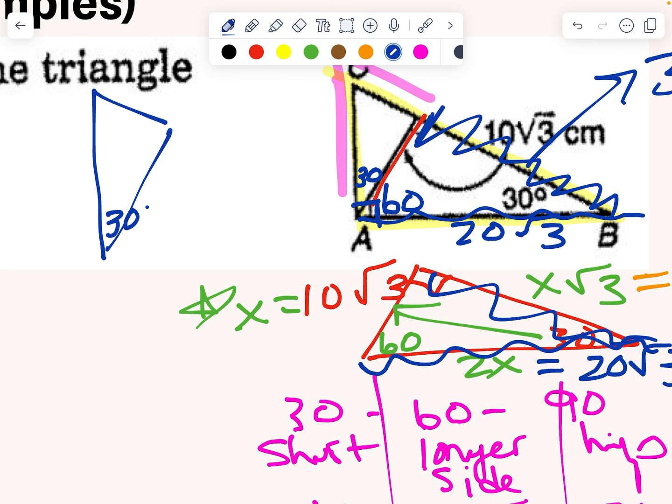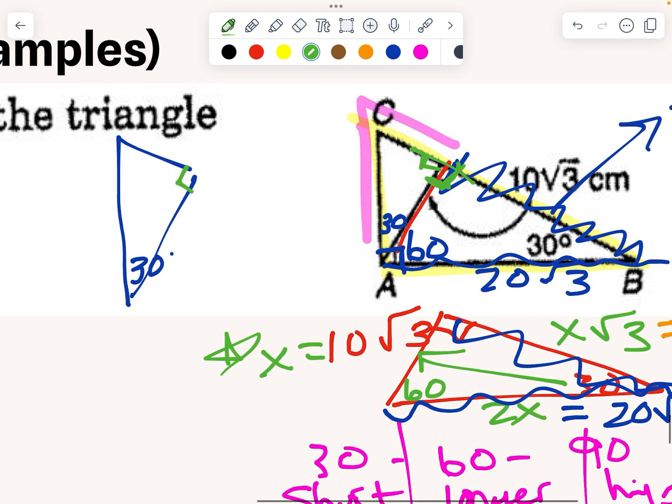We have a right angle right here, which means that the other side would also be 90 because they are supplementary. Together they make a straight line, which is 180. So we know that's where the 90 is. So if you have 30 and 90, your leftover angle will be 60. We know from what is given to us originally, this side is 10 square roots of 3.